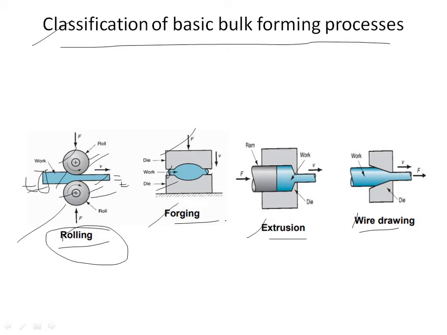Next we will be discussing extrusion. In this process the workpiece is compressed or pushed into the opening to take the shape of the die hole as its cross section.